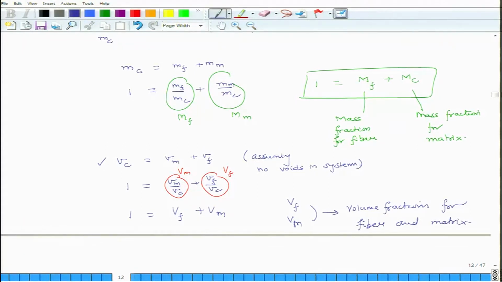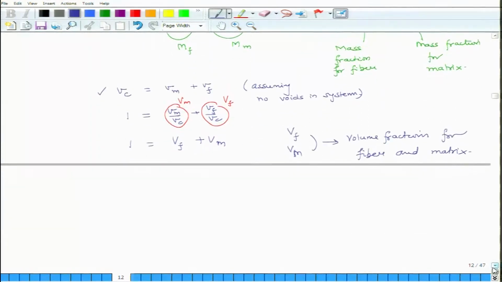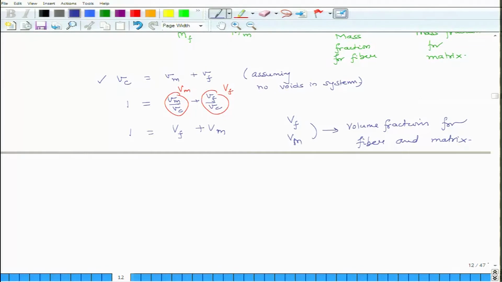So, there is a mass fraction and there is a volume fraction. If there is air in the system, if there are some air pockets, then you have 1 equals volume fraction of fiber plus volume fraction of matrix plus volume fraction of air. Okay.